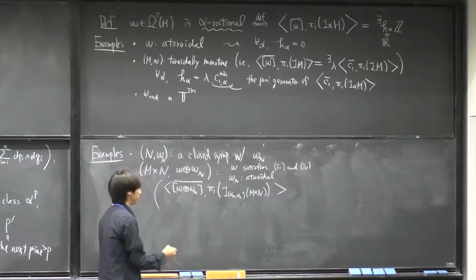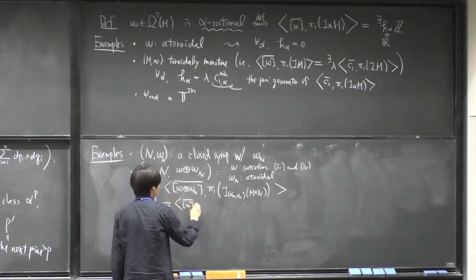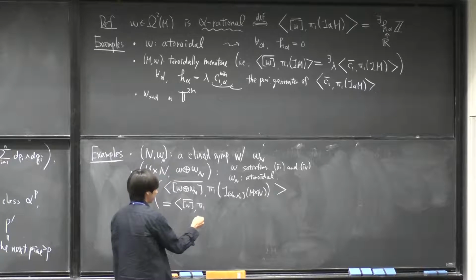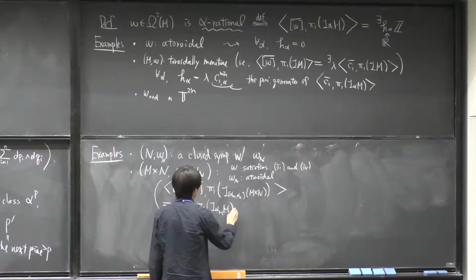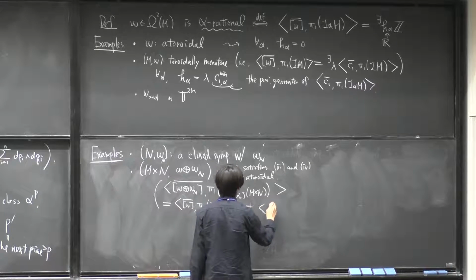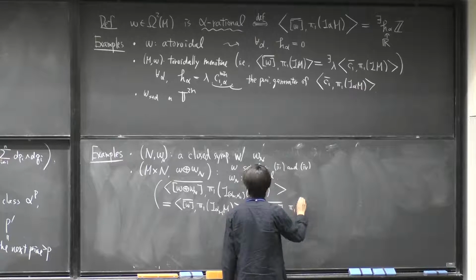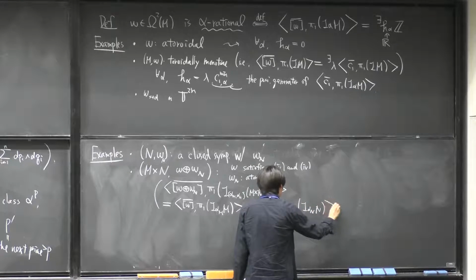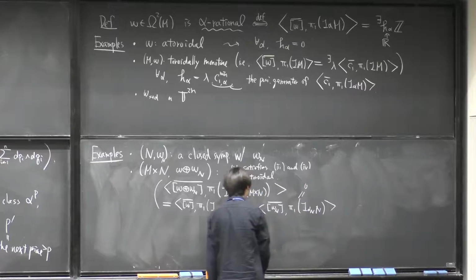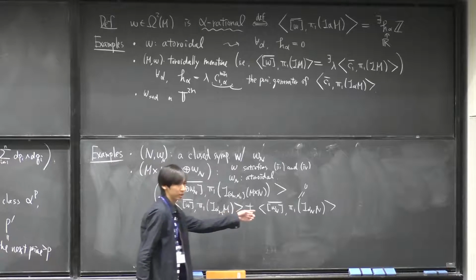if we compute this group, we can separate it into 2 terms. And of course, from the toroidal condition, the second term vanishes.